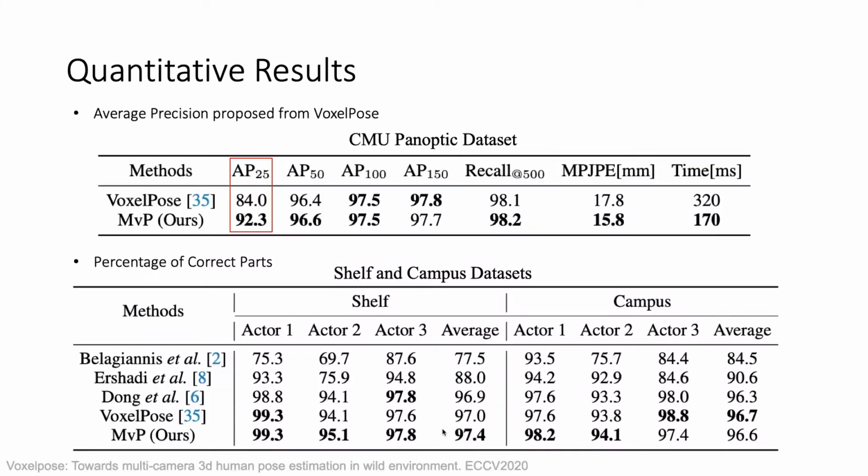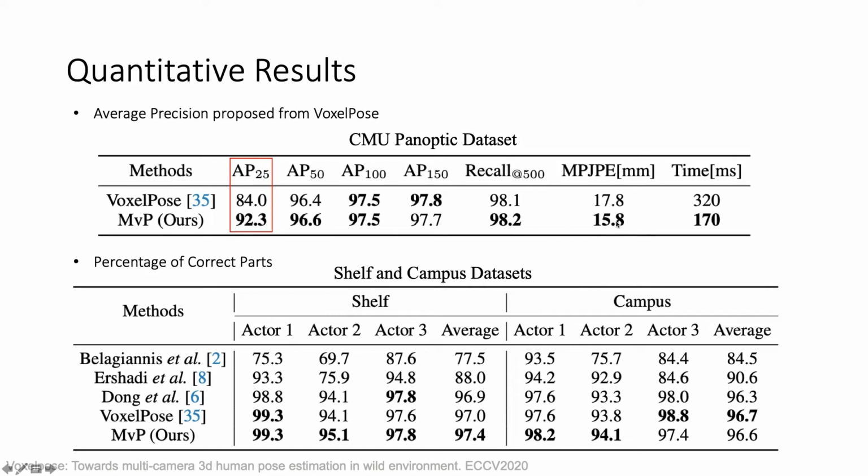Here is a result of quantitative evaluation on panoptic and the shelf and campus datasets. For panoptic dataset, we use average precision metric proposed from the VoxelPose. So we observe for the most strict AP25 metric, MVP significantly outperforms VoxelPose, and the MPJPE is about 2 millimeters lower.